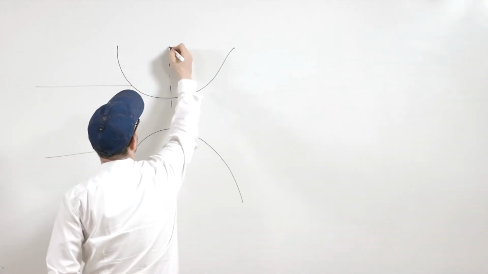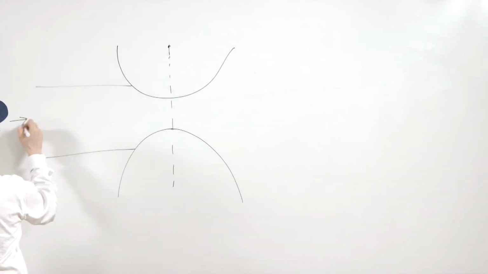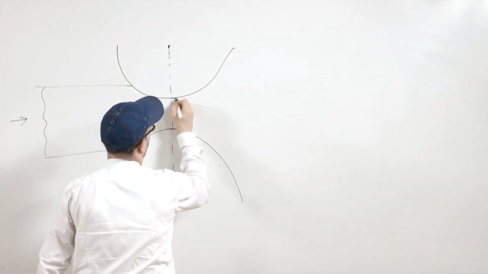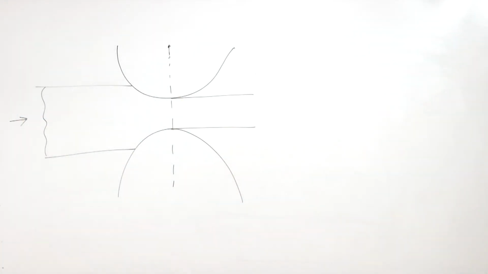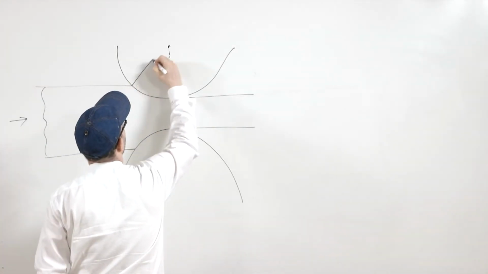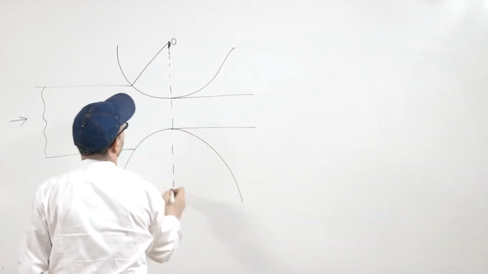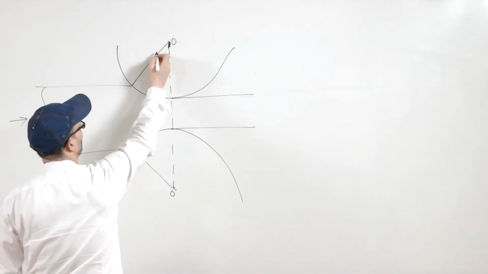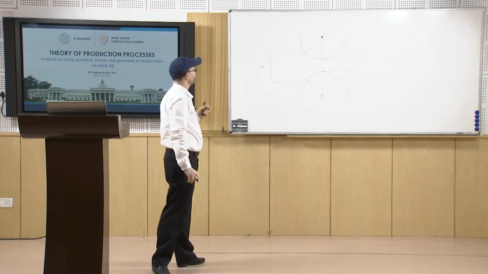If this is the radius, you have the strip of larger thickness initially, and then the strip of smaller thickness going out. Suppose this is a point O, and again you will have this as O. This angle is known as the angle of bite, as we have discussed earlier in the lecture.